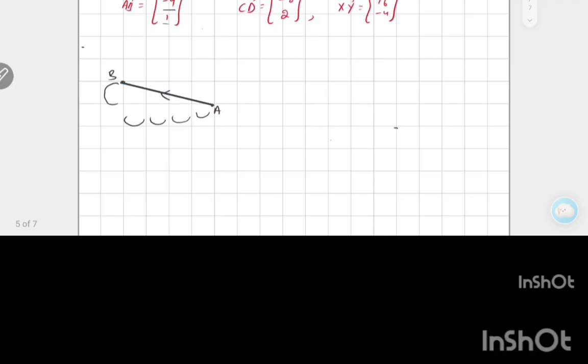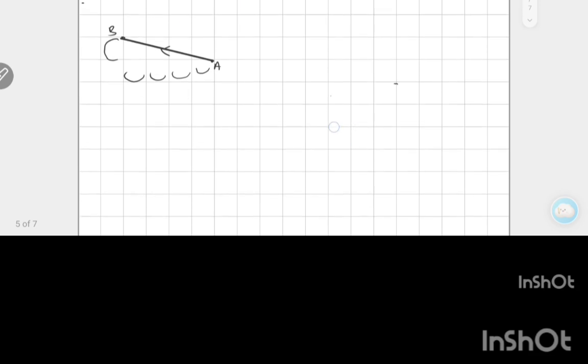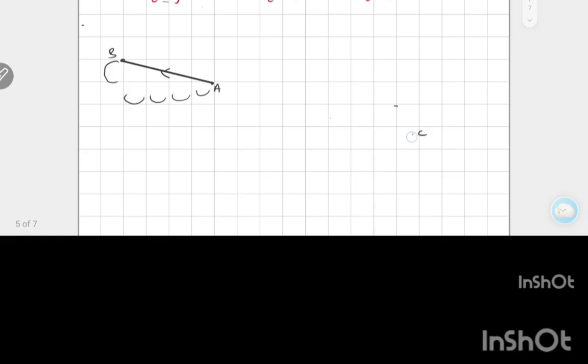Similarly, we have to do the same pattern for CD. How do we do CD? I will show it here. We start from here, C. We go 8 steps to the left side, because the first, x-axis, component is negative. So 1 2 3 4, 5, 6, 7, and 8.